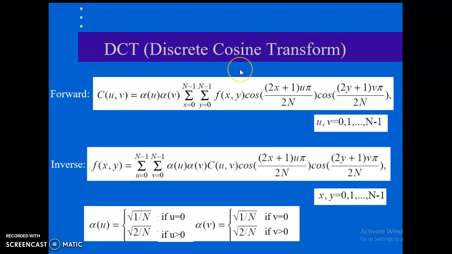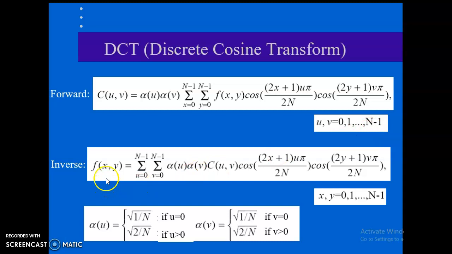DCT, discrete cosine transform, forward and inverse. For forward, C of u, v equals alpha of u, alpha of v, summation over x equal to 0 to n minus 1, summation over y equal to 0 to n minus 1, f of x, y cos((2x plus 1) u pi divided by 2n) cos((2y plus 1) v pi divided by 2n), for u, v equal to 0 to n minus 1.